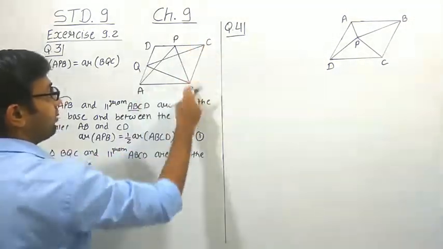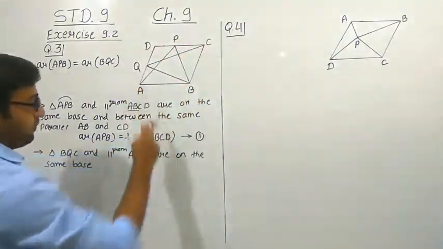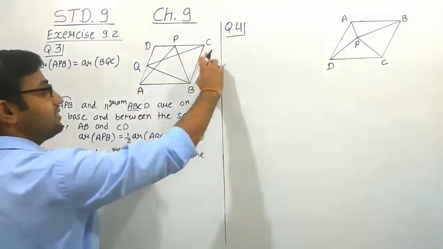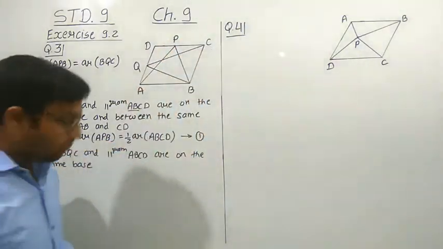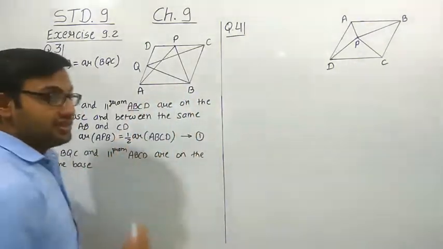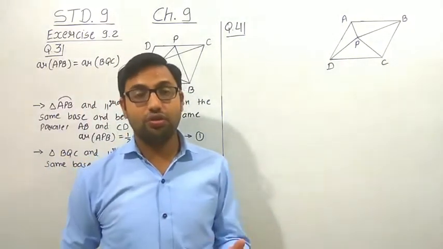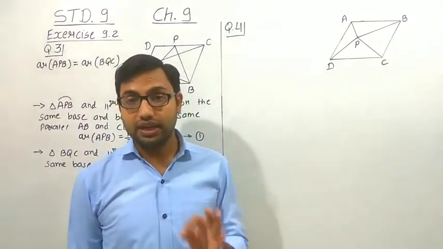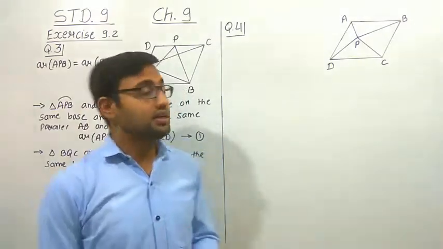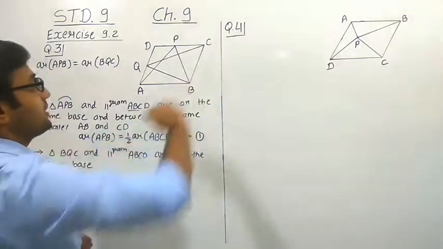For this triangle BQC, we can take BC as a base. For the parallelogram ABCD also we can take BC as a base. How is it possible? First time we took AB as a base, now we are taking BC as a base. Actually, all the sides of a parallelogram we can take as a base, right?